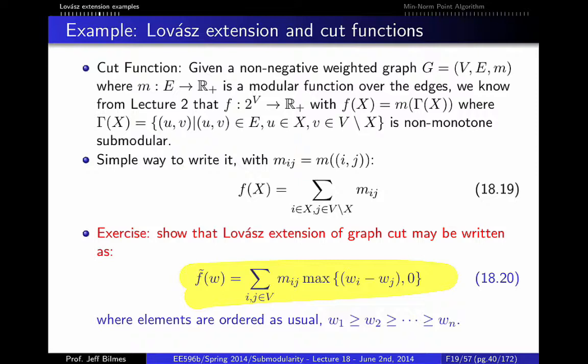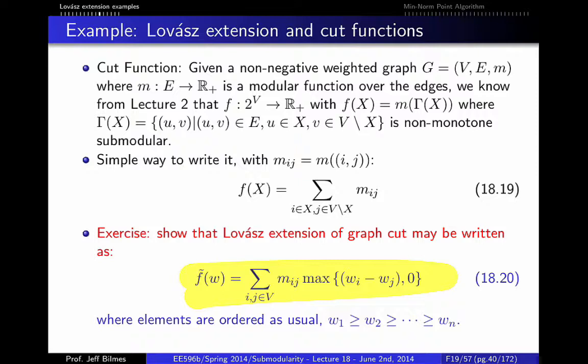Like this function here, equation 18.20, seems to say that you're going to penalize w when wi is greater than wj, but whenever wj is less than wi, you're not going to have any penalty at all.